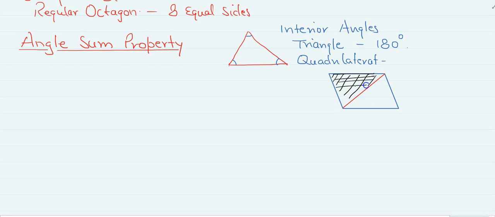This is triangle number 1, and this is triangle number 2.